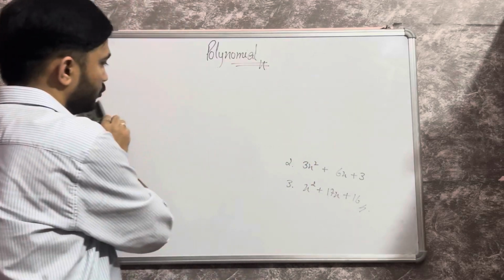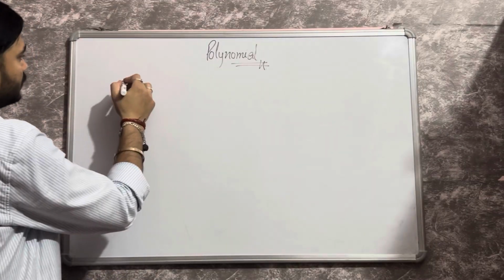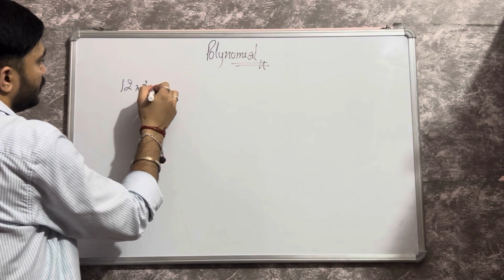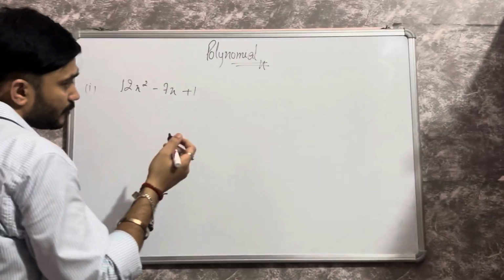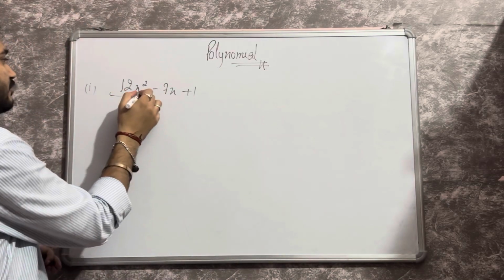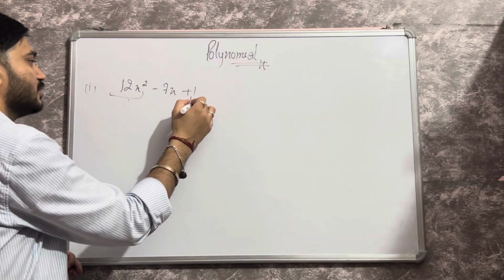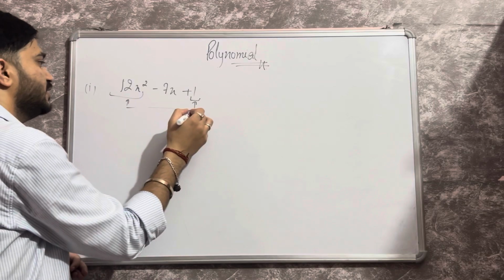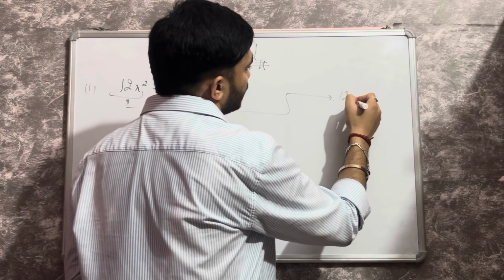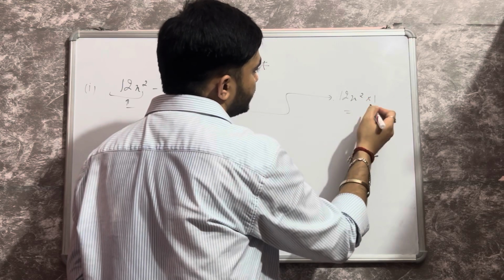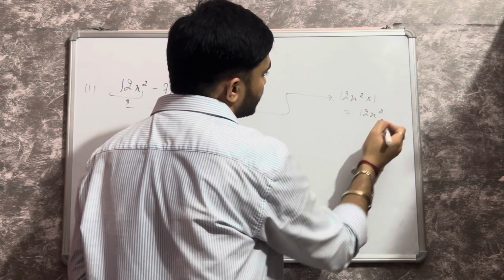Now let us move forward to the next variation, that is 12x square minus 7x plus 1. Multiplying the first and the last constant number will yield 12x square multiplied by 1, which gives 12x square.